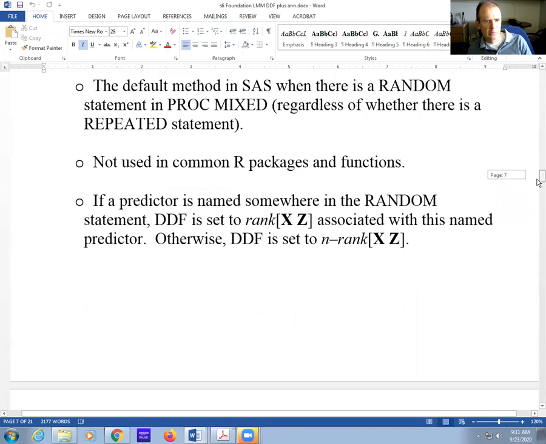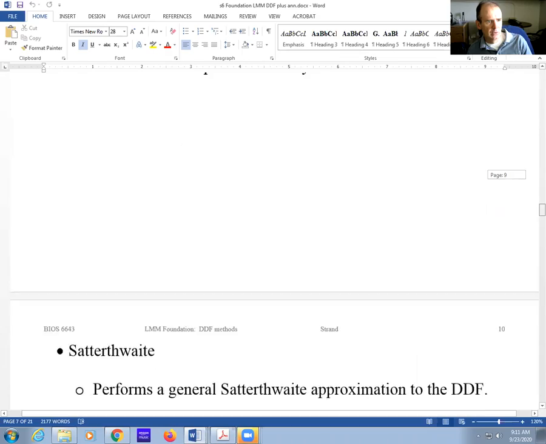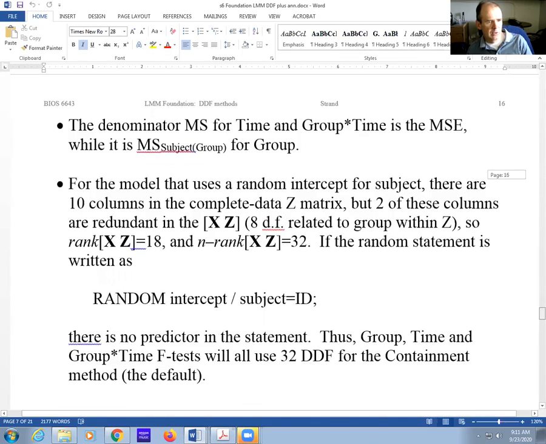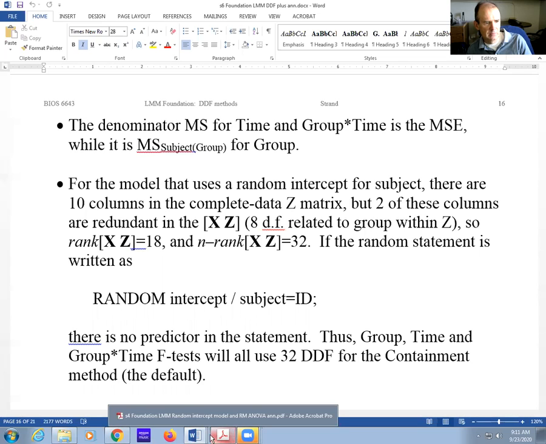One of the implications is that if you do the regular random statement, if you say random intercept subject equals ID, there's no predictor in there, right? So in that case, the degrees of freedom associated with group, time and group by time is going to be 32, okay? But we talked last time about the fitness data.